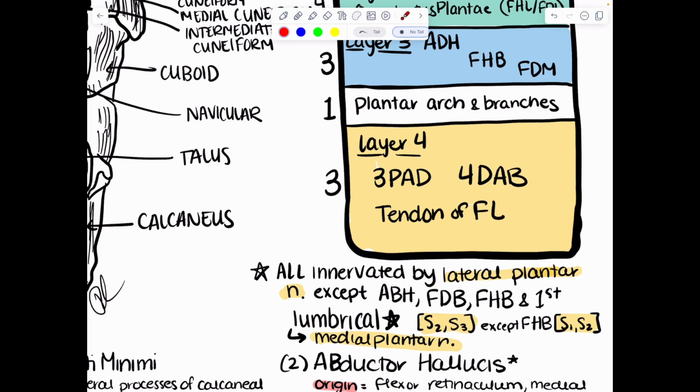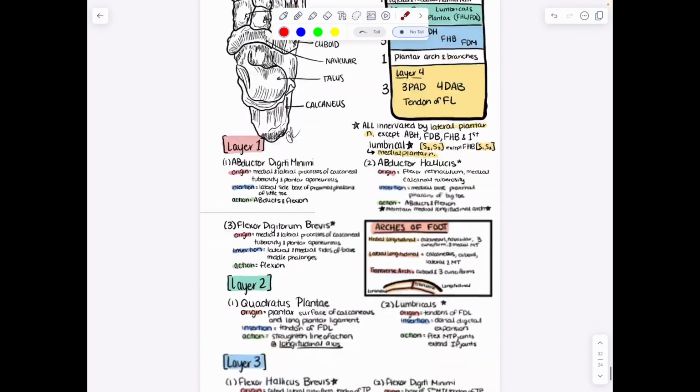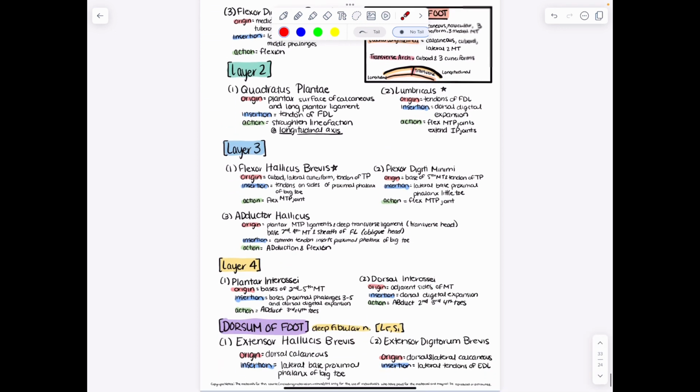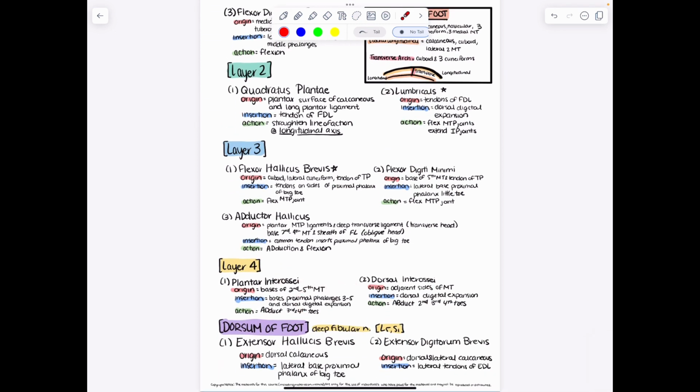Plantar are for the feet. And then we still call them dorsal, and it's the same thing. The plantar are going to be doing adduction, and the dorsal interossei are going to be doing abduction. Here I wrote out all of the different muscles, but you can see that same idea of adduction for plantar interossei and abduction for dorsal, PAD and DAB.